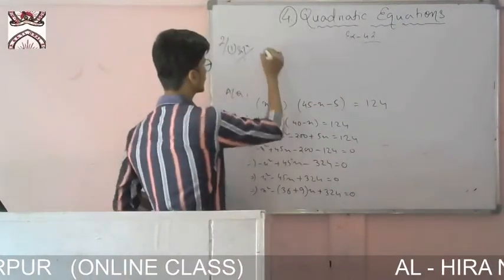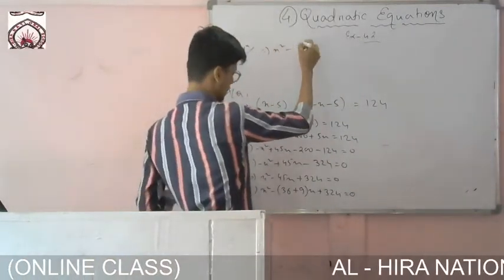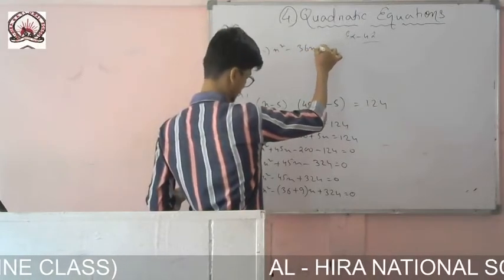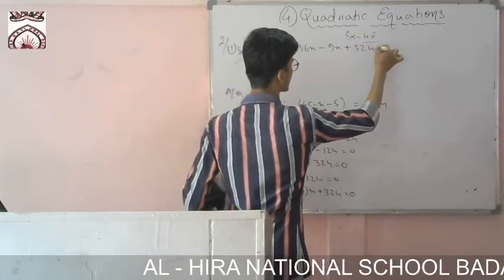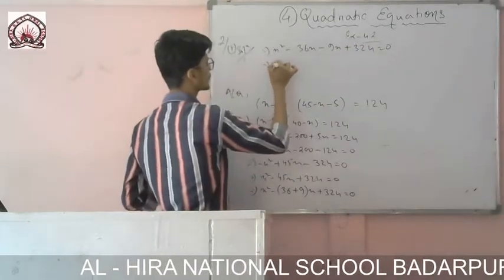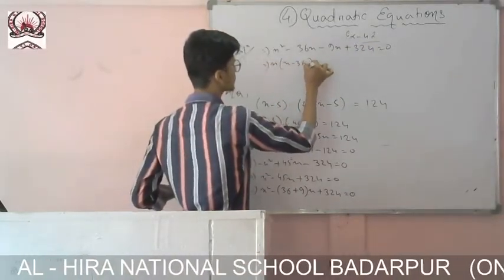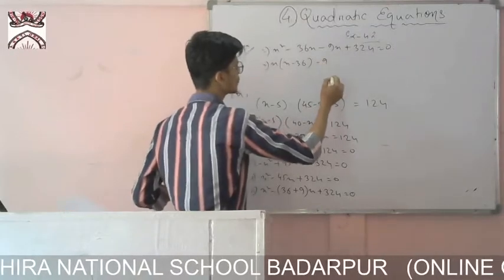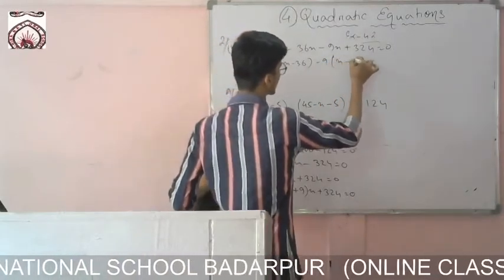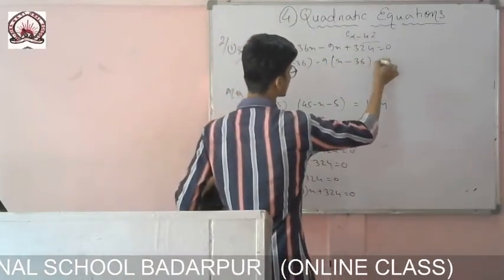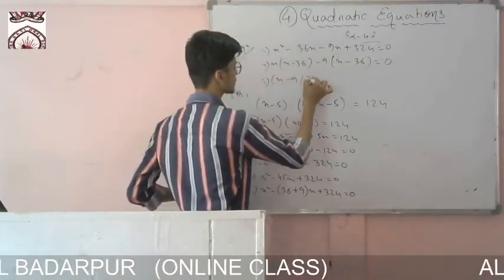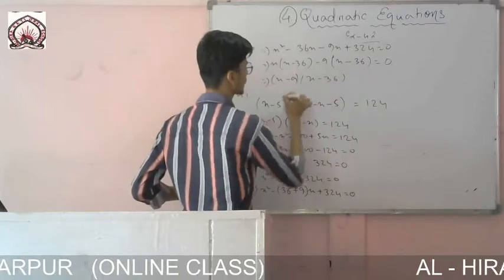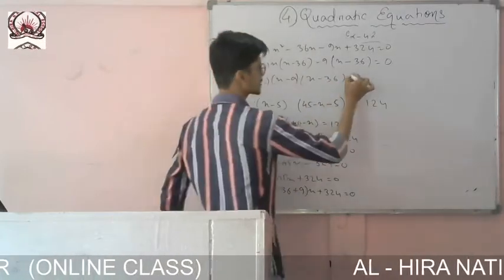So after that, what will happen here? x square minus 36x minus 9x plus 324 equals 0. So x common, x minus 36, there minus 9 common, x minus there also 36, 9 36s are 324.